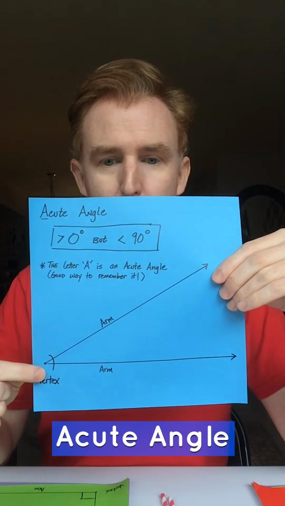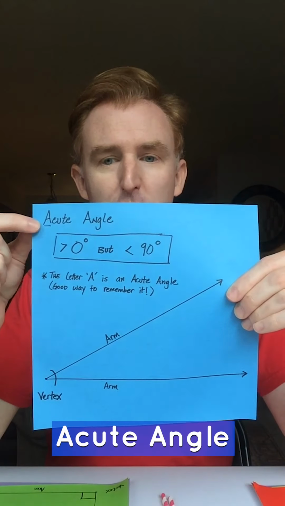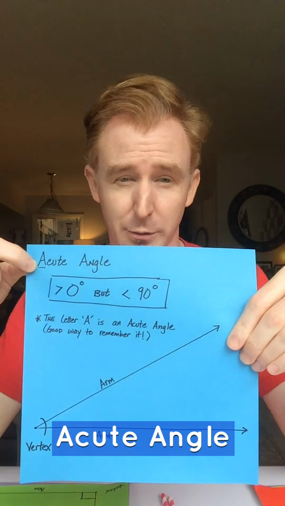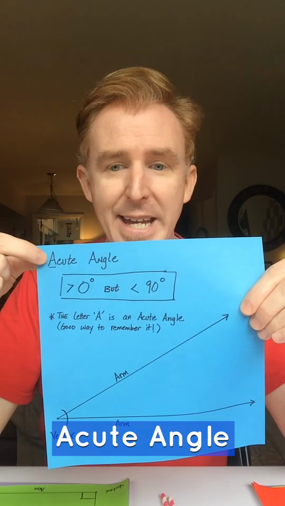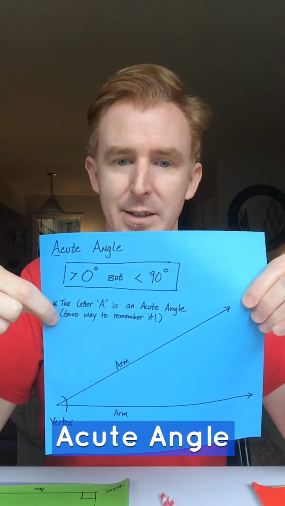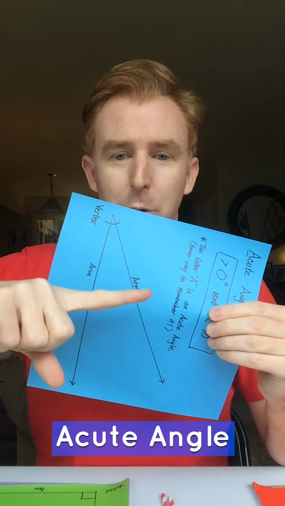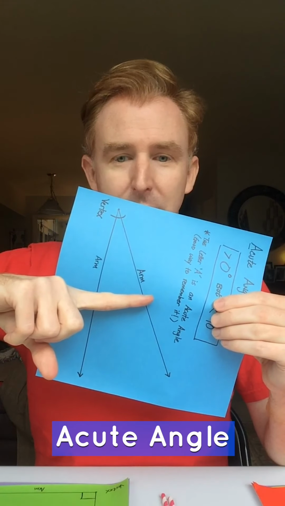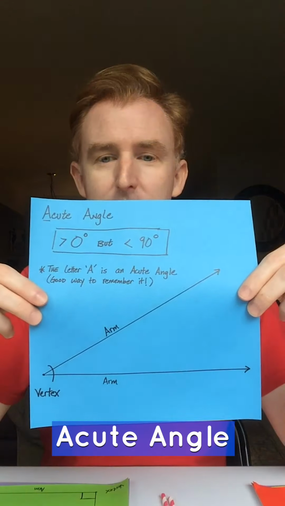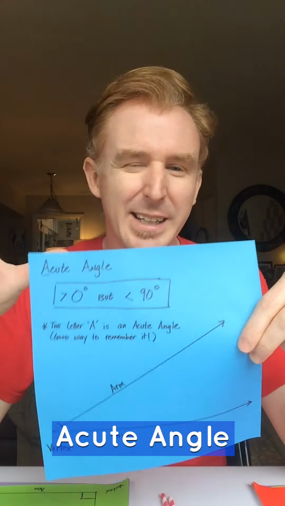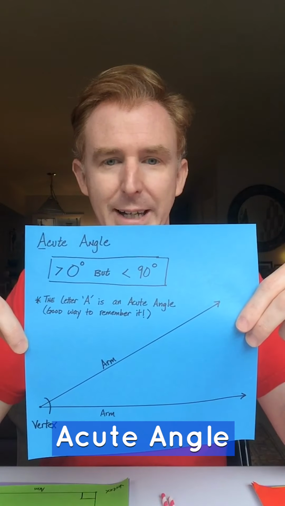So you still have the vertex and the two arms, and a good way to remember an acute angle when you're looking for one around you is that the letter A itself is an acute angle. So if I turn this angle and I were to put a line right there, that's the letter A. So think of it as an acute, a little tiny angle, greater than 0 but smaller than 90.